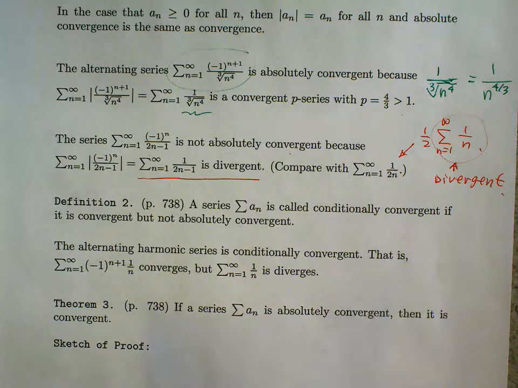That is, the alternating harmonic series converges, but the harmonic series diverges. So it's conditionally convergent. It converges, but it does not converge absolutely.